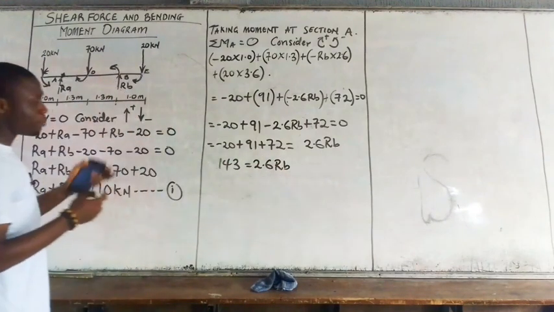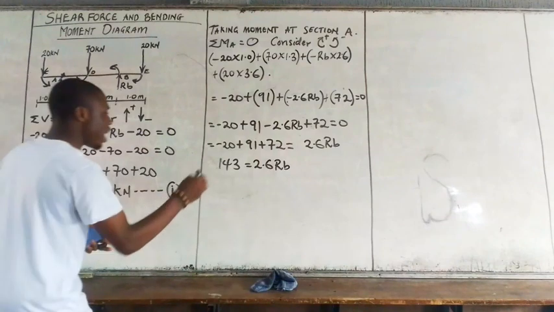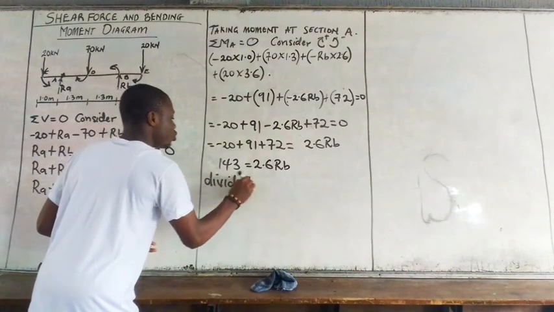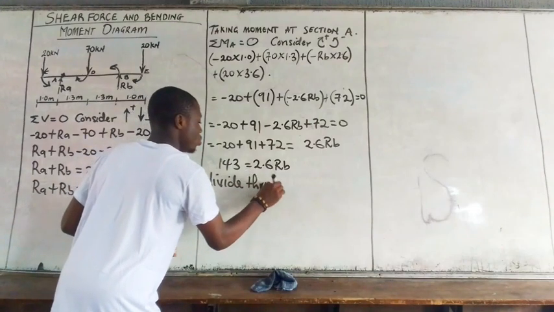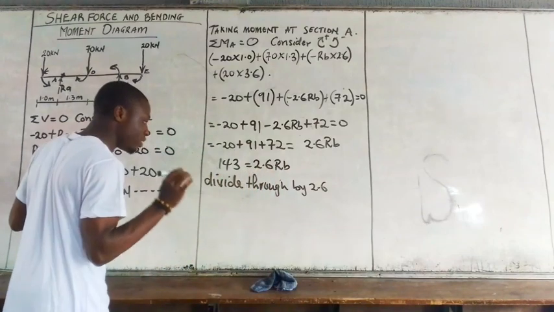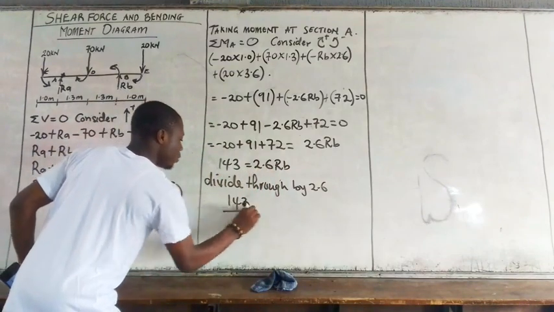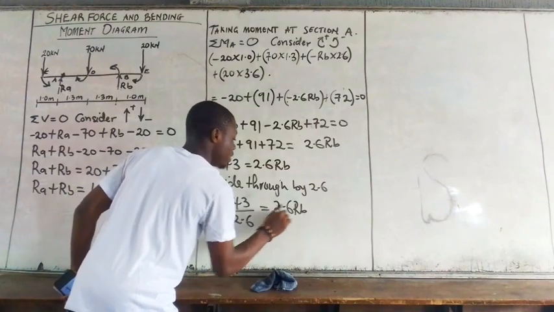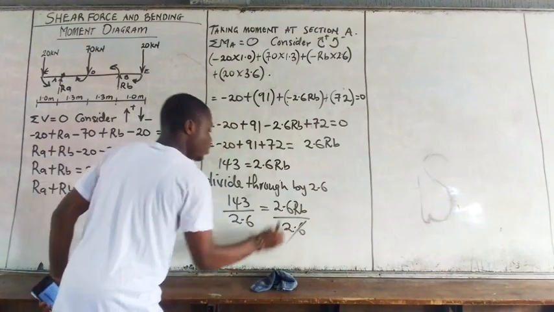Now I want to get my RB, right? So to get RB, divide through by 2.6. 143 divided by 2.6 is equal to 2.6 RB divided by 2.6. That's now my RB.